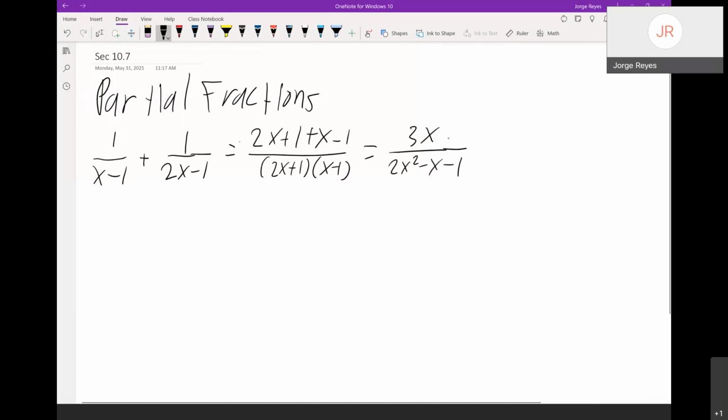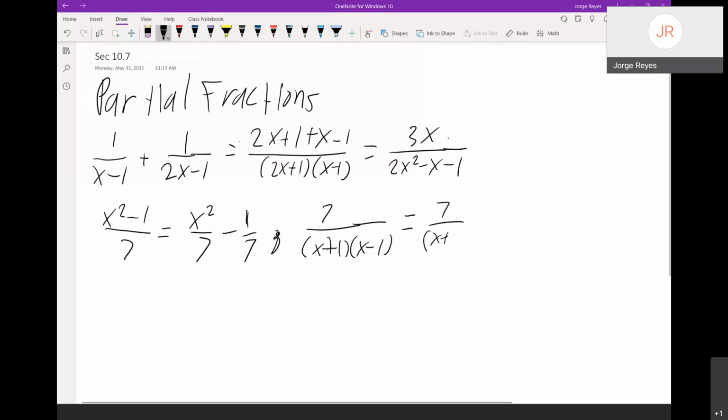Now, the other thing is remember that we can split a denominator like this. This is totally fine. But recall that we have a problem. If I have the opposite thing, so x plus 1, x minus 1, we cannot do this.